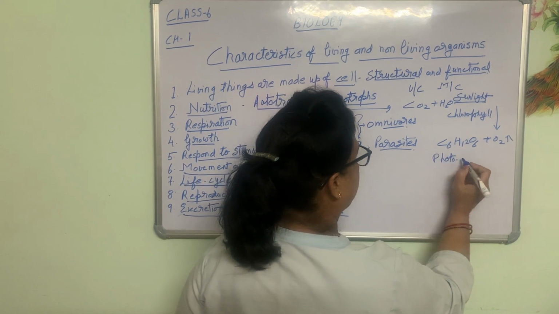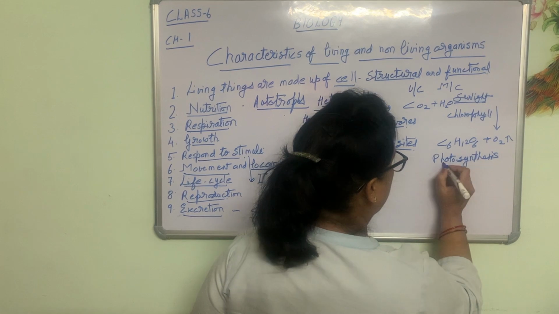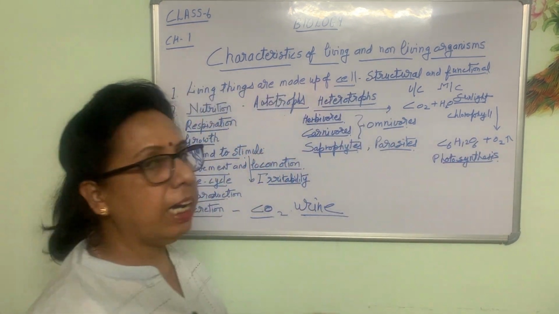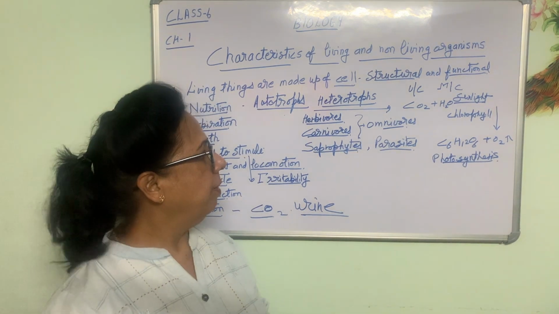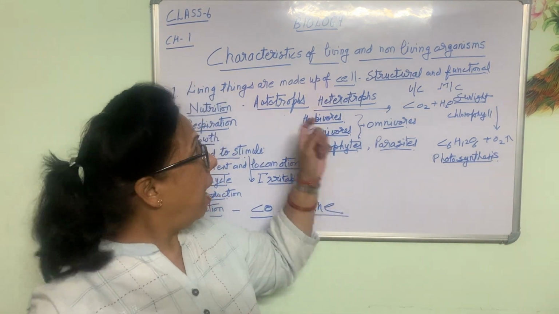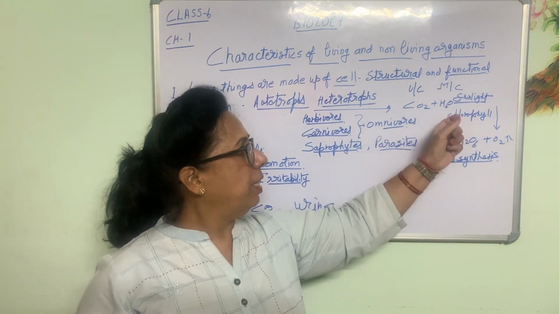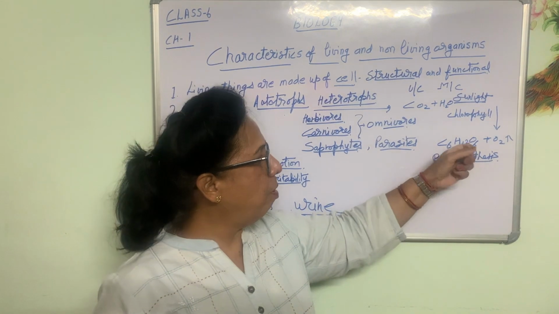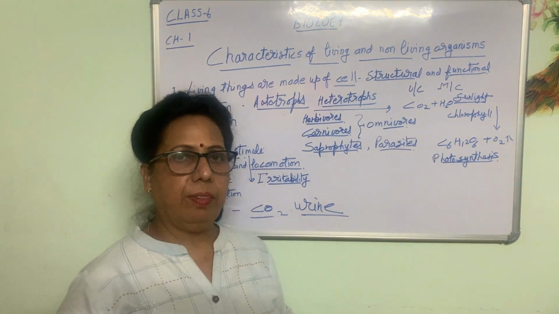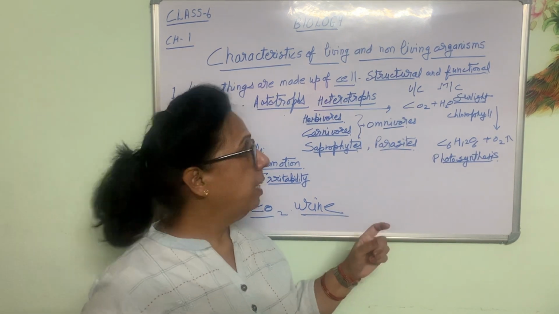Photo means light, synthesis means formation. The formation of food with the help of carbon dioxide and water, sunlight and chlorophyll. Plants are the only ones which are able to convert solar energy into chemical energy. So in the form of bonds, energy is stored in them by which they are able to survive, right?